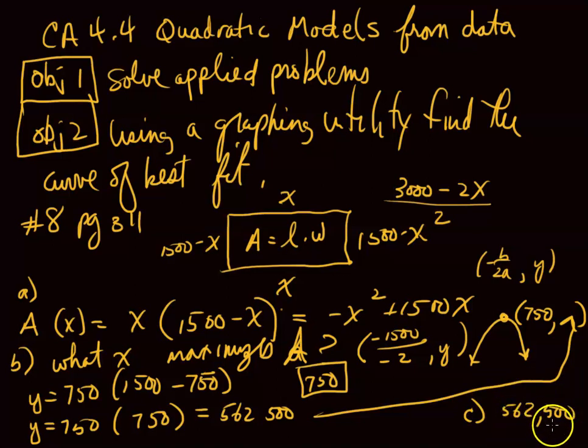That's the area, square feet. Remember, the vertex is where a maximum or minimum occurs. The x-coordinate is where, and the y-coordinate is how much. So it occurs at 750, and it's 562,500 square feet.